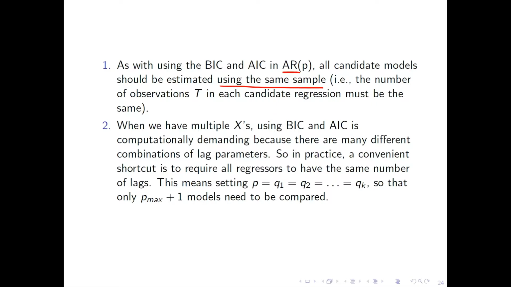So even if you have a model which does not have many lags and thus could have used more of the data sample that you have, then if you are comparing this with a model with more lags which cannot use as much of the data sample, you have to make sure that both models use the same sample, which means that they use the same number of observations to calculate the Bayesian information criteria and the Akaike information criteria.